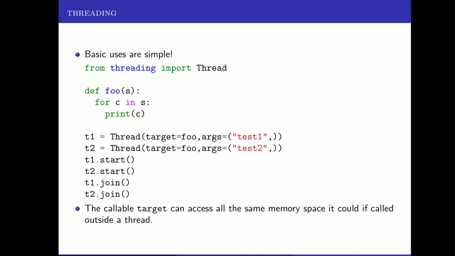These arguments. And then we create a second thread. Here we give it the same function, but with a different parameter. And then the two threads are going to print out different things some number of times. In fact, they'll print out each character from those strings.